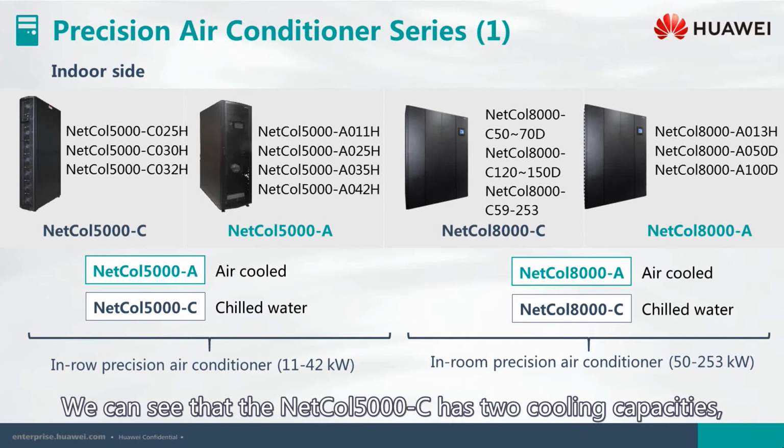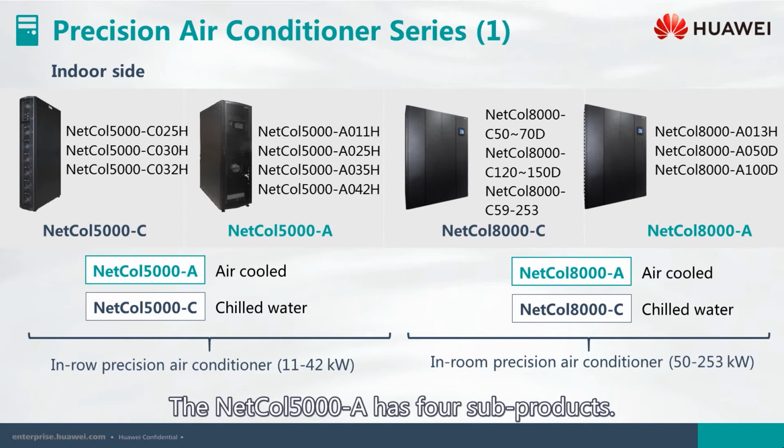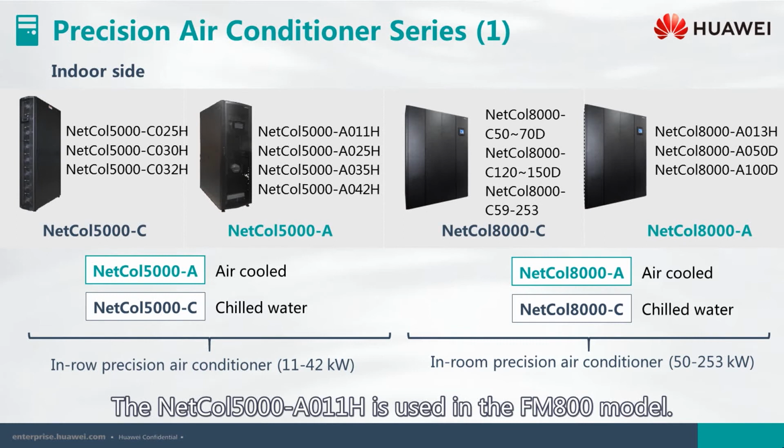We can see that the Netco 5000C has two cooling capacities, 25 kilowatt and 30 kilowatt. The Netco 5000A has four sub-products. The Netco 5000A 011H is used in the FM800 model.